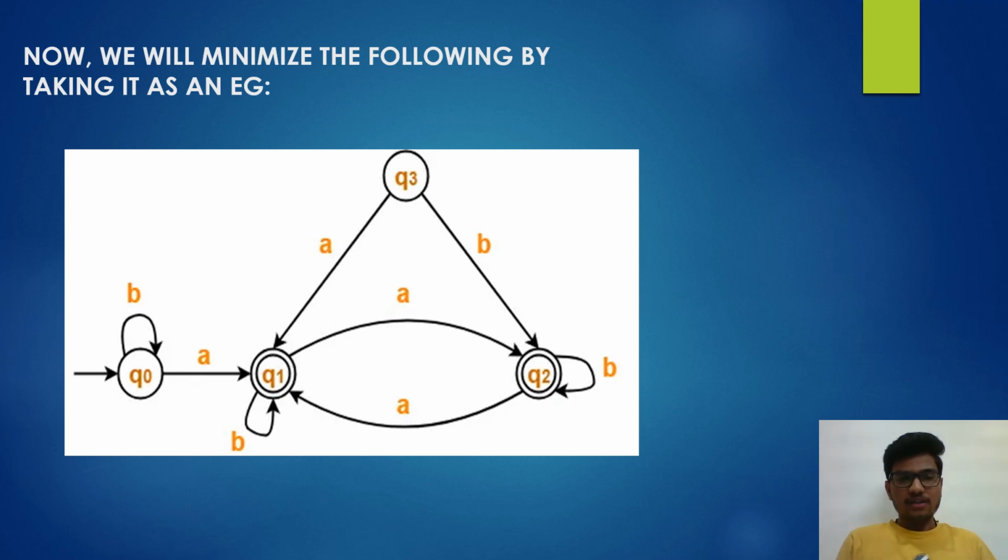Q1 has a self loop on B, and on A it goes to Q2. Q2 on A goes back to Q1 again, and Q2 has a self loop on B. Q3 on A goes to Q1 and Q3 on B goes to Q2. Here Q0 is the initial state, and Q1 and Q2 are the final states.